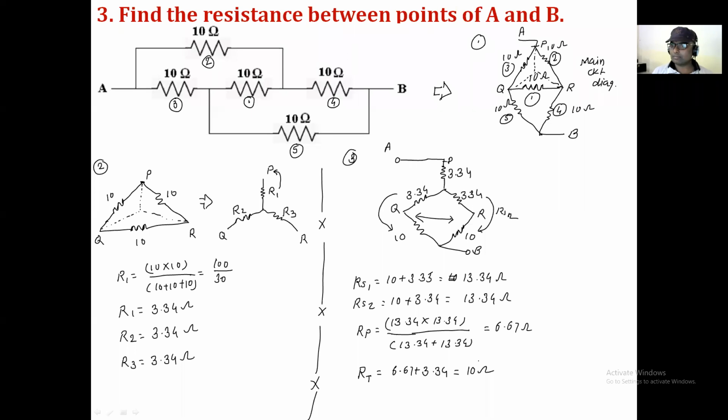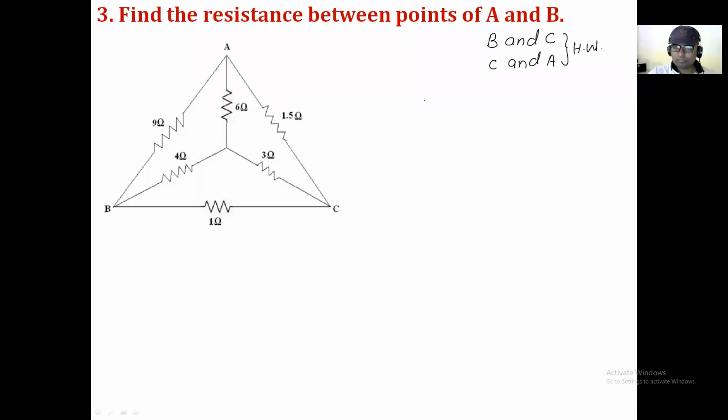Is it that clear? So this is the resistance in between the point A and B. So all of you, please take a note of this. In this numerical, we have to calculate the resistance in between the point A and B.